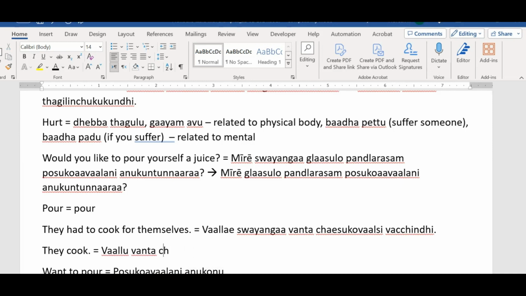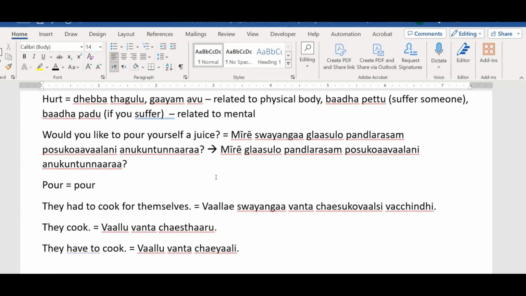This is a normal sentence. Now I am telling you the difference between they cook, they have to cook and they had to cook. So they have to cook: వాళ్ళు వంట చేయాలి. Okay. They had to cook: వాళ్ళు వంట చేయాల్సి వచ్చింది.